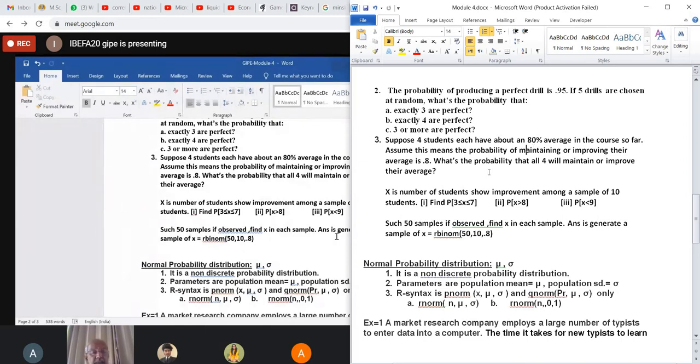If X is the number of students showing improvement among a sample of 10 students, find the probability for 3 to 7 inclusive, X greater than 8, 8 exclusive, and X less than 9, 9 exclusive.